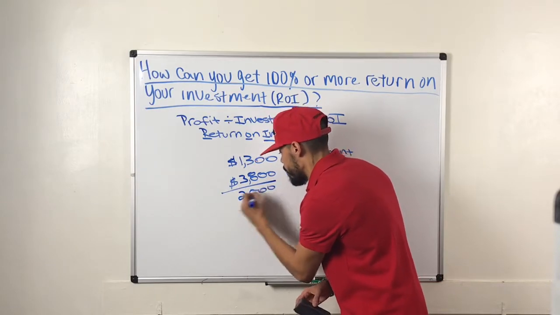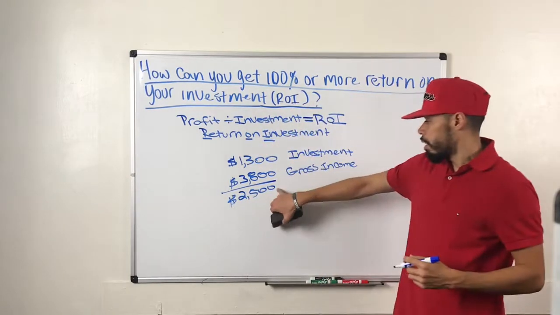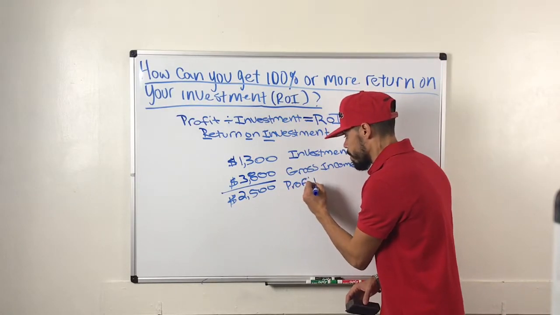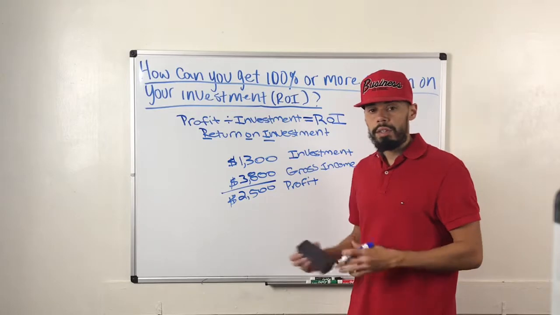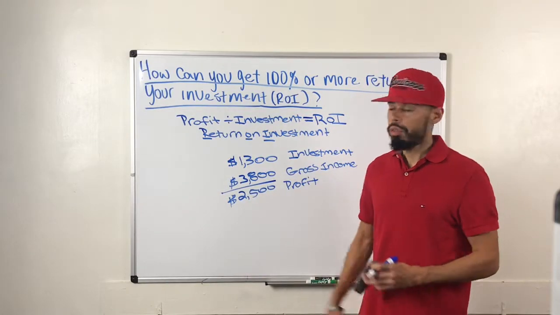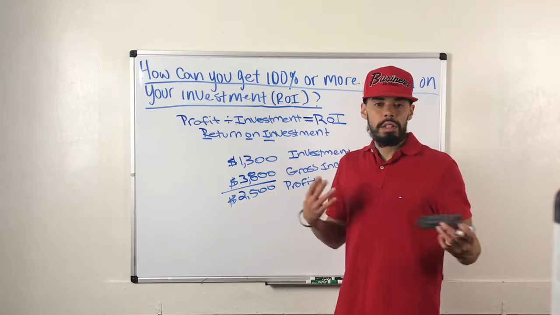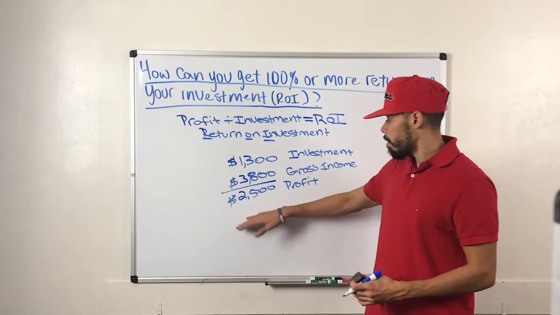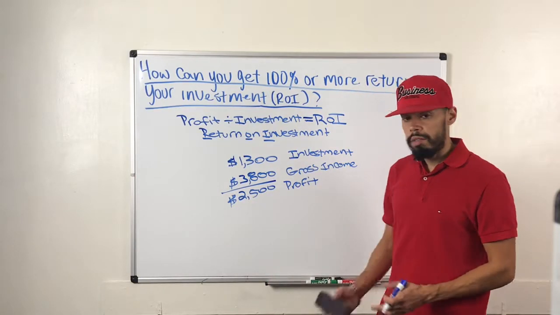So now our profit is $2,500. So we made $2,500 on the oranges that we grew and sold, or the clothes that we made and sold, or books, whatever. Now, $2,500 is the profit, right?